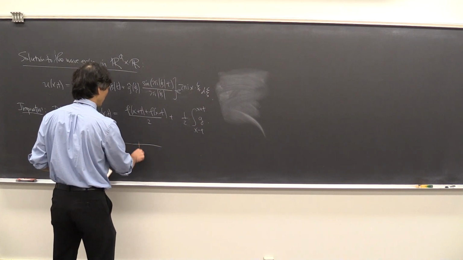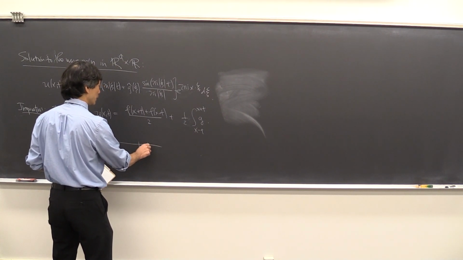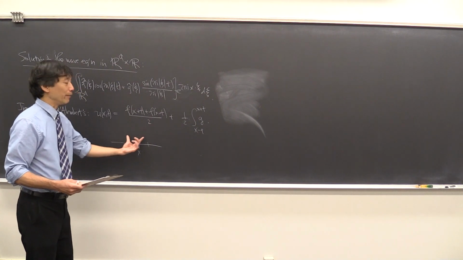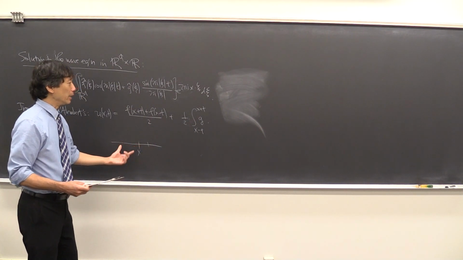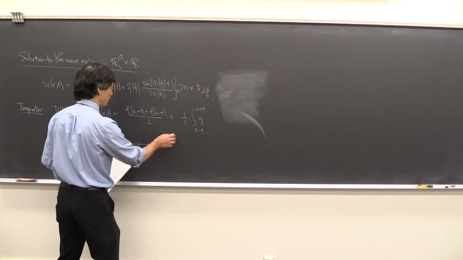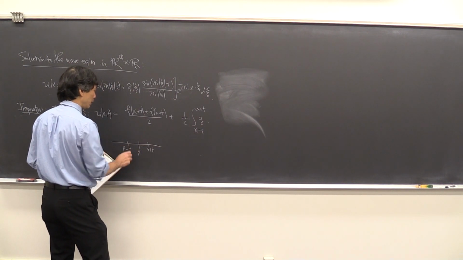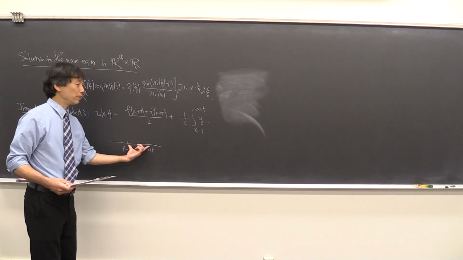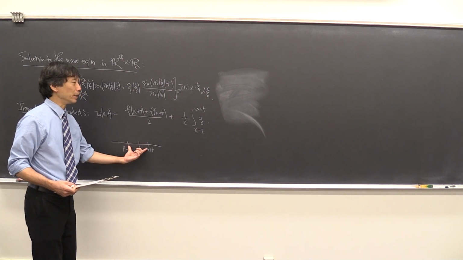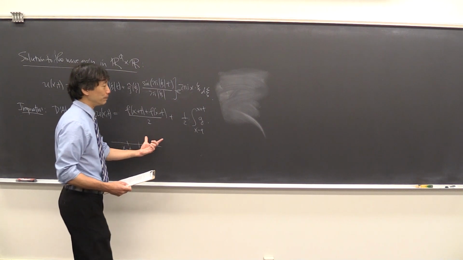At x, you take x plus t and x minus t, and you average them. Similarly, you take from x minus t to x plus t, you take f at the edges of that interval, and you average it there.